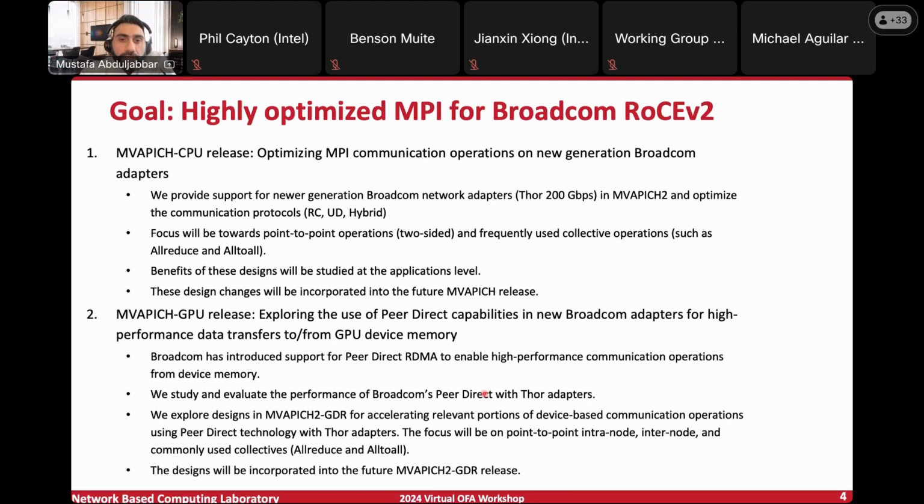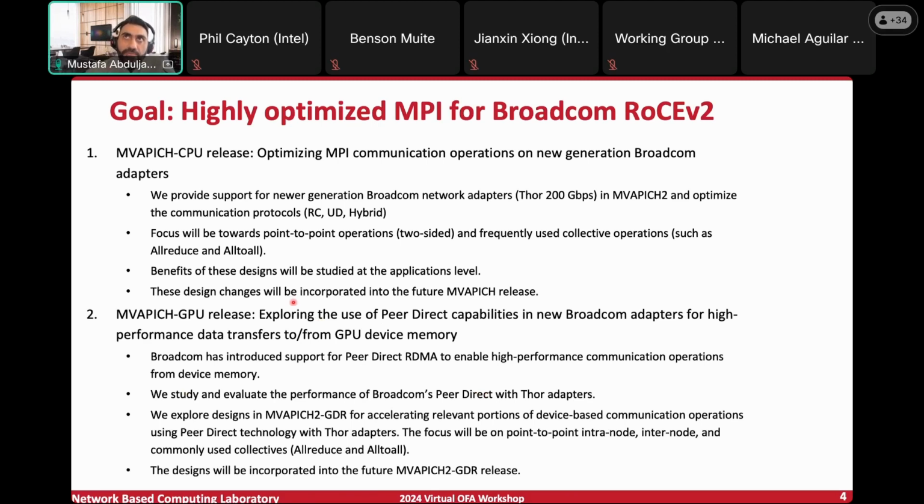So our collaboration in general has been aiming to create a highly optimized MPI implementation, represented by the MVAPICH library, for Broadcom RoCE v2 technology. We can break this down into two major goals. The first goal is to achieve an optimized MVAPICH CPU release that is tailored for the latest generation of Broadcom adapters.